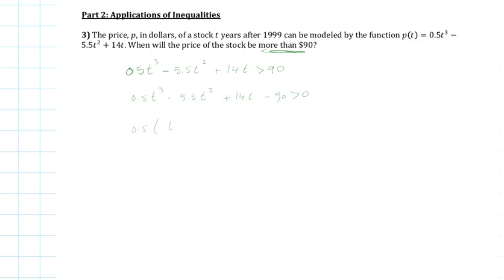So that's going to be T cubed minus 11T squared plus 28T minus 180 greater than 0. Dividing 0 by 0.5 is still 0, so it stays the same without the leading coefficient.